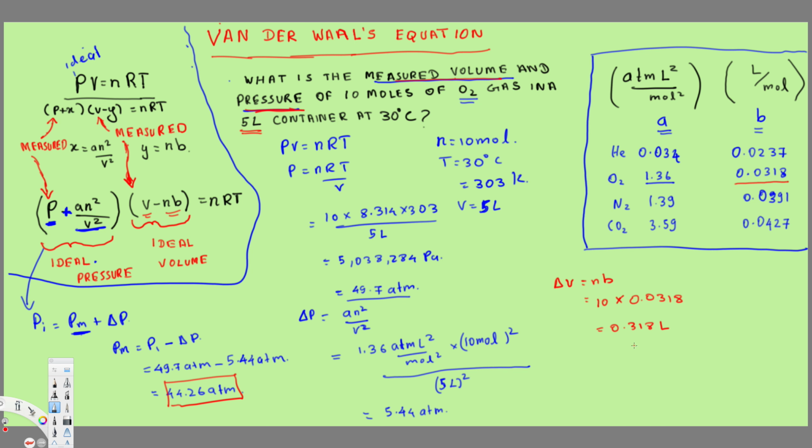And V ideal, that's what we are trying to find. V ideal is equal to 5 liters minus 0.318 liter, and that gives us 4.682 liters, and that is the measured volume. That's the answer for this part.